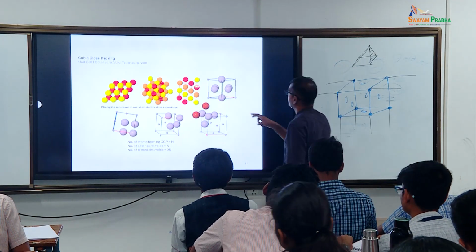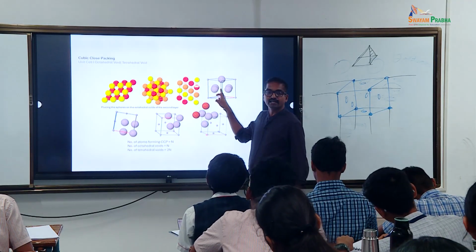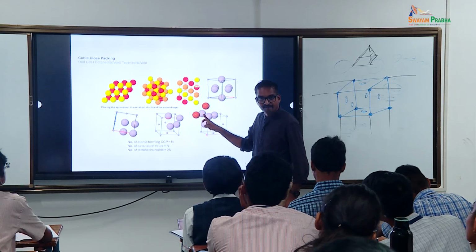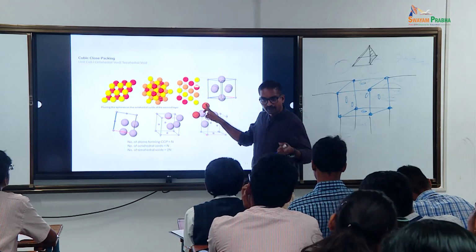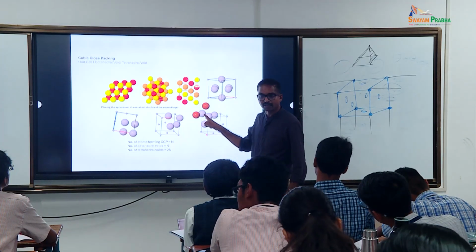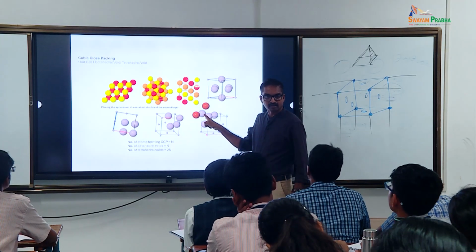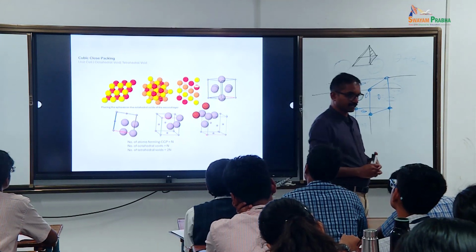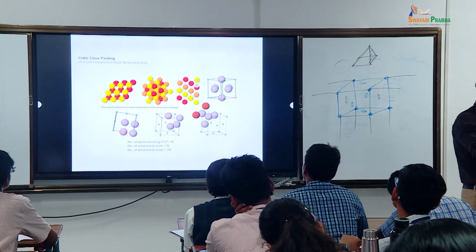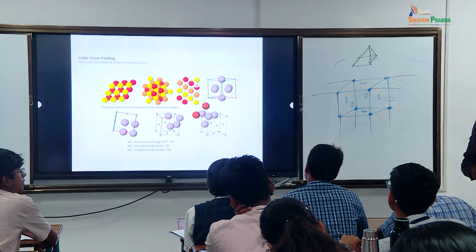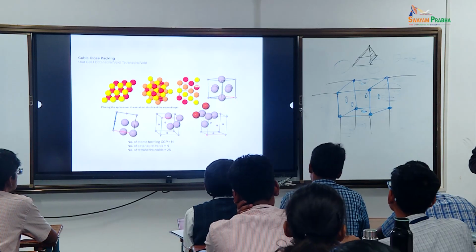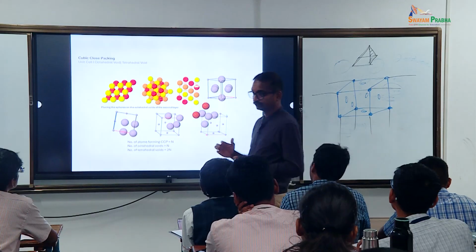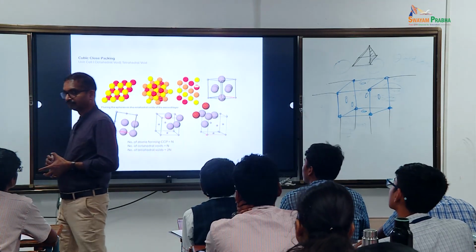Now tell me, how many edge centers are available with one cube? 12. What is the contribution of each edge center to the unit cell? 1 by 4. So that means how many total? 3. There is 1 in the middle, so 4. So there are 4 octahedral voids belonging to one unit cell.